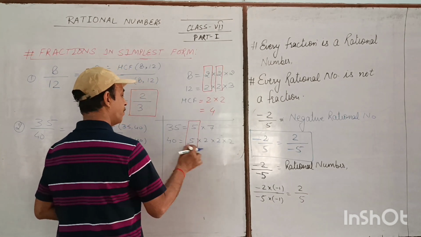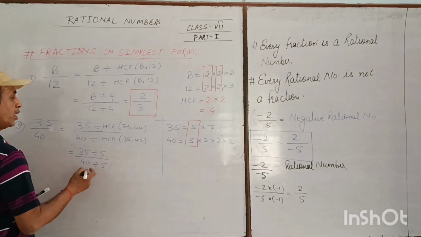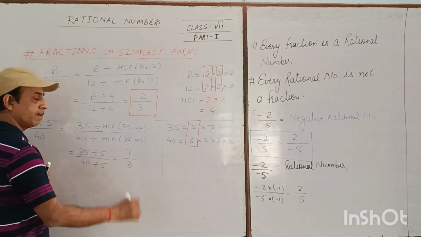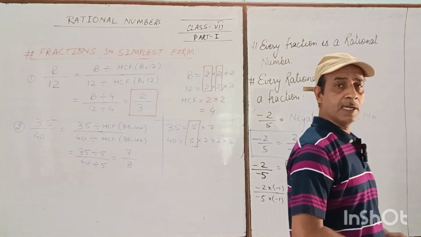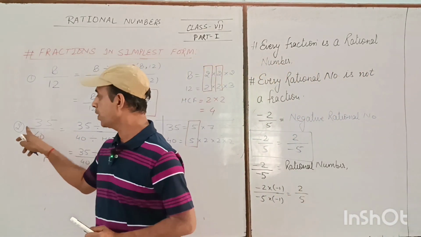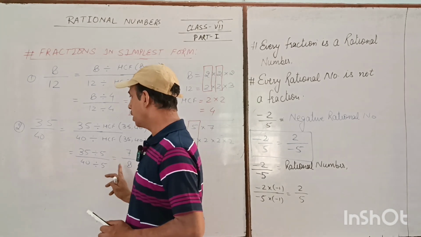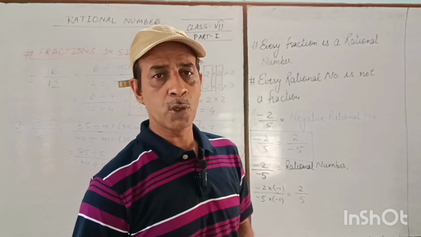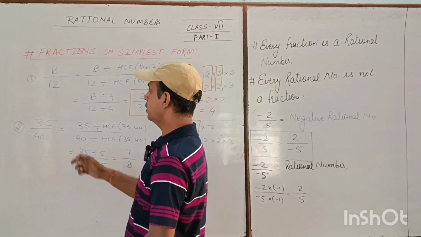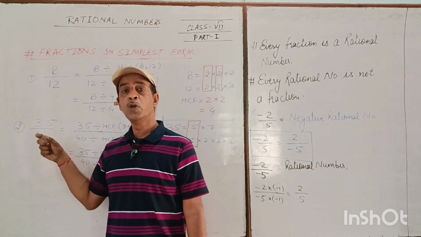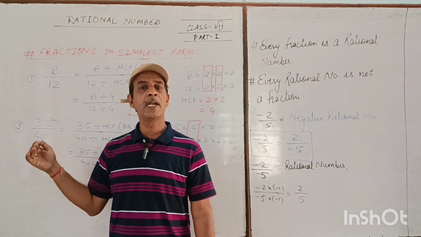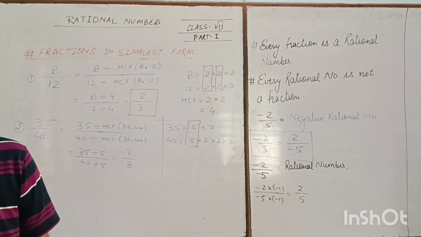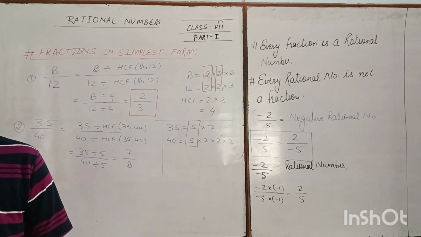Common factor is 5. That means HCF is 5. When we divide its numerator and denominator by 5, we get 7 and 8. The simple form of the fraction 35 upon 40 is 7 upon 8. So to simplify a fraction, you have to divide its numerator and denominator by the HCF of the given numerator and denominator. This thing is understood to you very well?